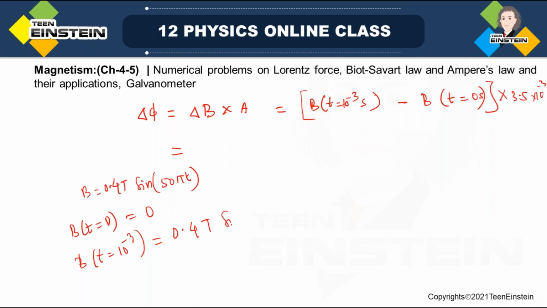B is 0.4 Tesla into sine of 50 pi into 10 to the power minus 3, that means 0.4 sine of 50 divided by 1000 pi. So this is how we can find it out.